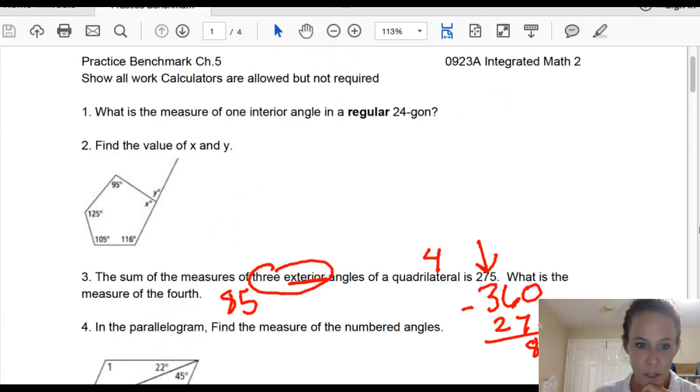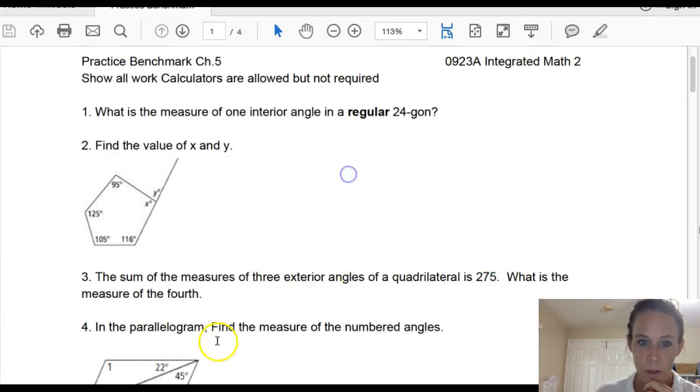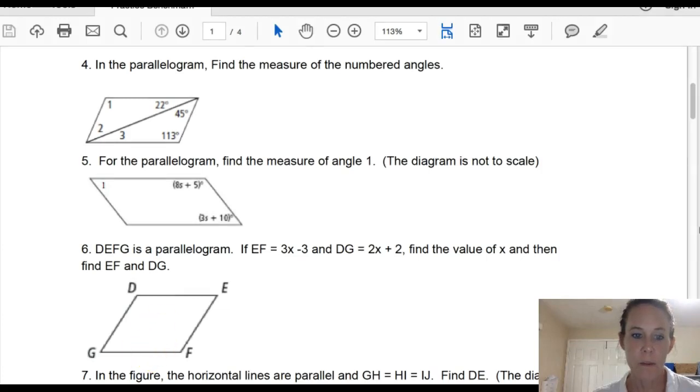All right, let's go down to number 4. It asks for the measure of the numbered angles. And we know in a parallelogram that opposite angles are congruent. So let's go ahead and do the measure of angle 1. The measure of angle 1 is going to be 113. We've got that down.